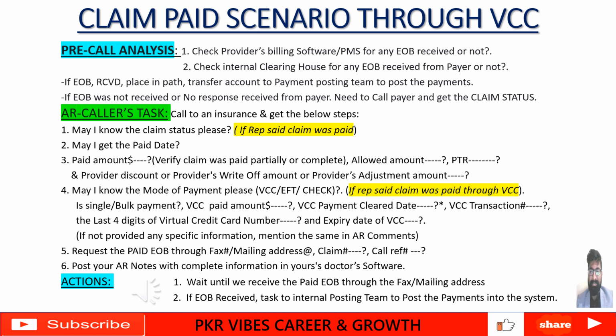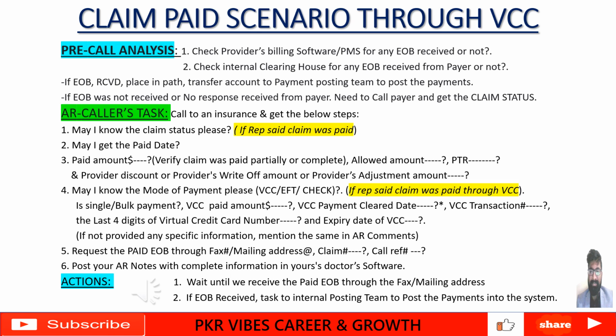And the fifth point, we already discussed, right? If there is no EOB, only then we are calling the insurance representative. So at this time, you have to request the paid EOB through fax. Clearly the rep is saying that okay, your claim was paid and also paid through virtual credit card. You got the complete payment details and the complete mode of payment details, but you don't have the paid EOB with you, right?